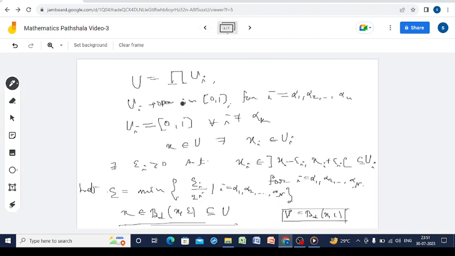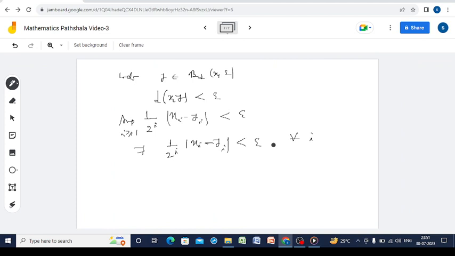And also by the construction of ε, it is very clear that this ε is less than or equal to each ε_i by 2 to the power i for i equal to α1, α2, up to αn.